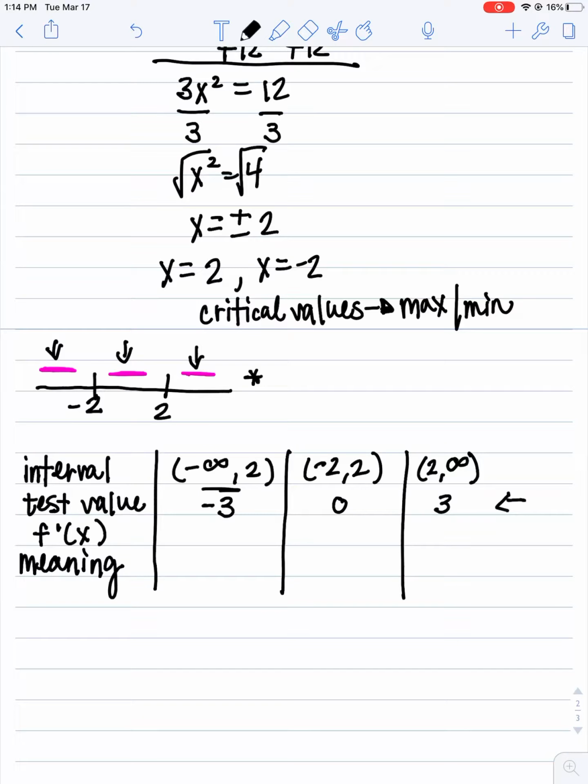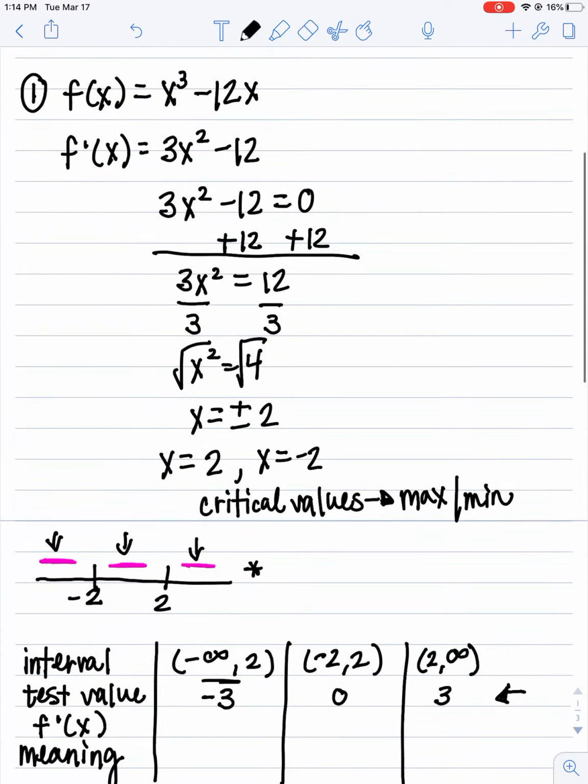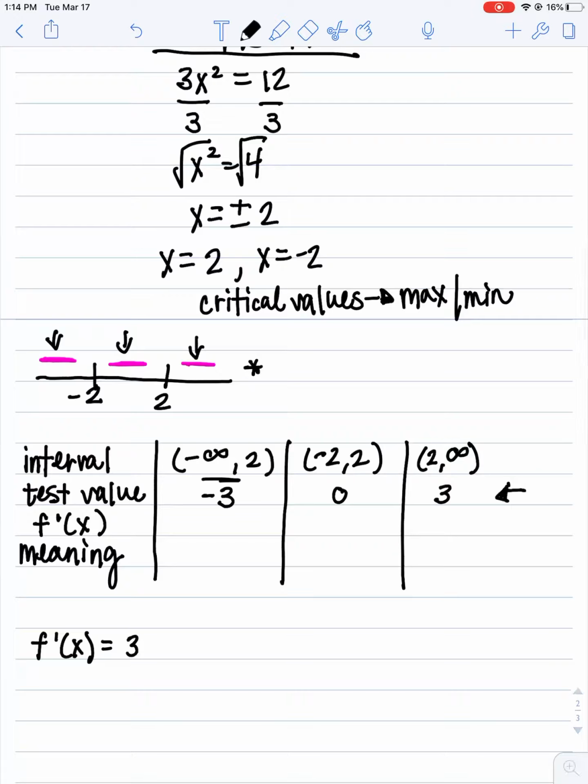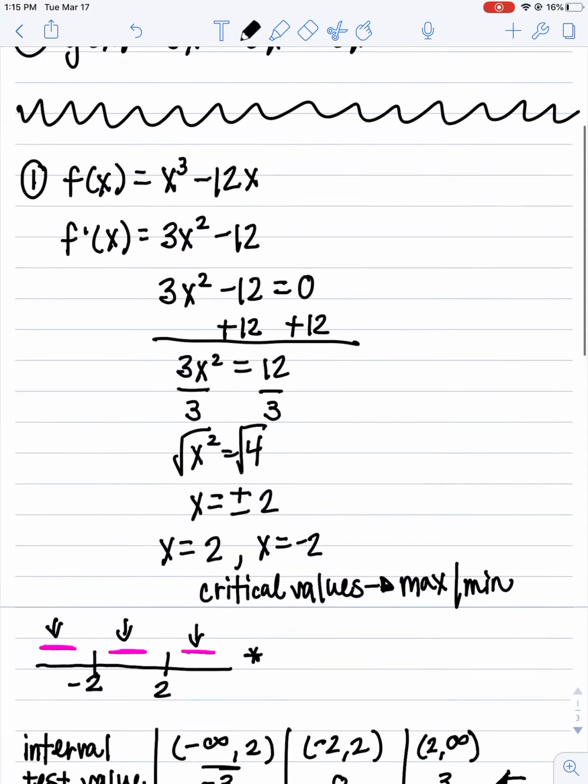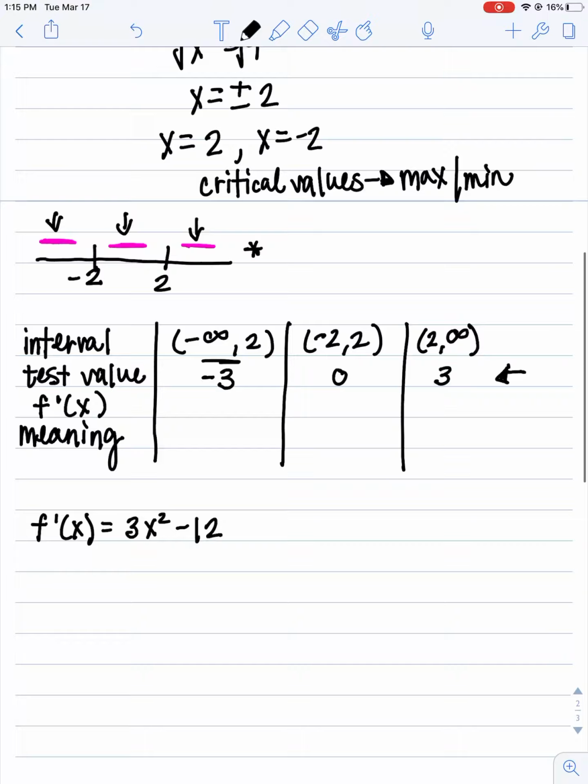And you may say, okay, so what are we going to do? We're going to take these test values that you just determined and plug them into the first derivative. So if I rewrite the first derivative for you, gang, the first derivative was 3x squared minus 12. Okay, that was the first derivative. And so we're going to plug in negative 3.